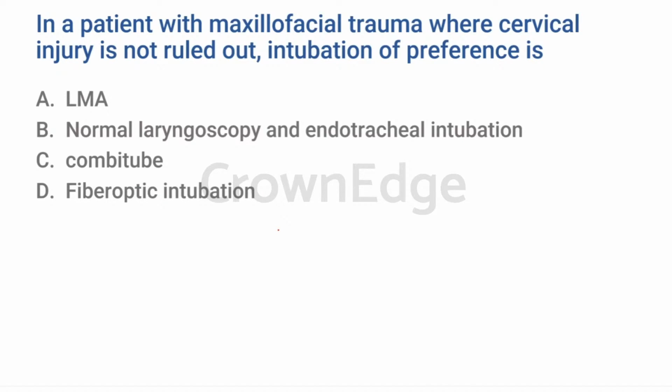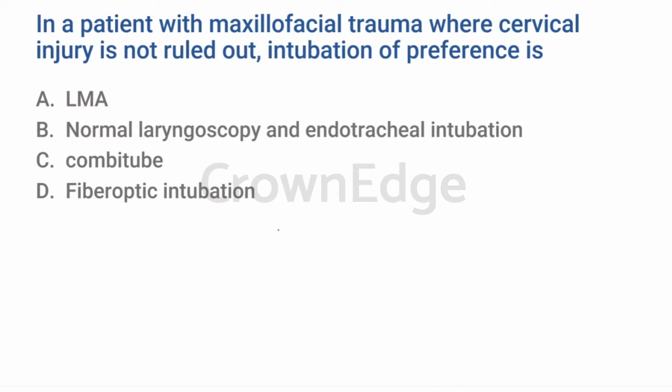Why are we going to go for fiber optic intubation? Like I said, we can't do a lot of manipulation as in case of normal endotracheal intubation. And what are the chances? So basically, when there is maxillofacial trauma, the airway is going to be collapsed no matter what. And for that, we have to do, you guys know about this, right? The head lift, chin tilt, and jaw thrust maneuver, and all of that.